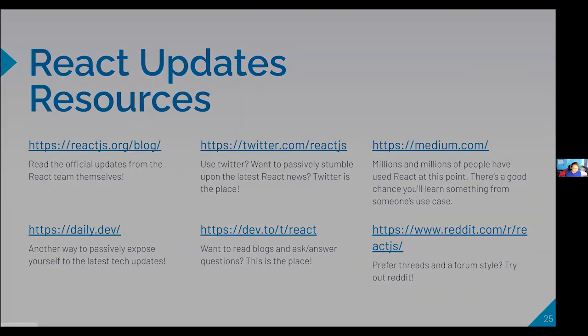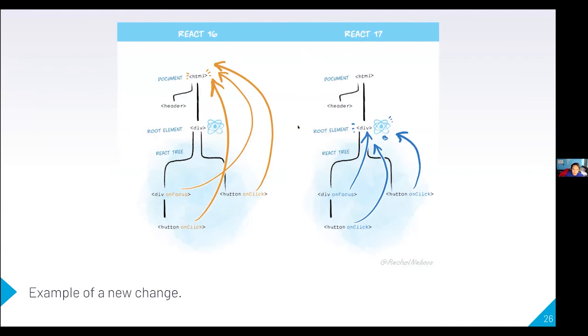So here's one. When I said before that all the events happened through the document and then React will take it, in React 17 they actually changed it so the root element will now be in charge of handling the events. The reasoning is that people might be running different instances of React on their project, and there's stuff like jQuery that also has event listeners that'll conflict with it.